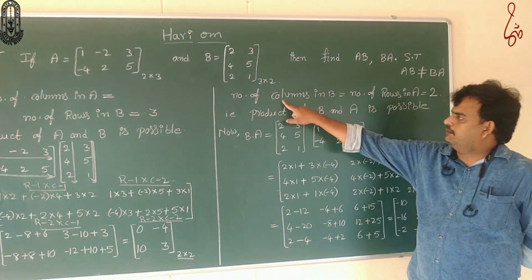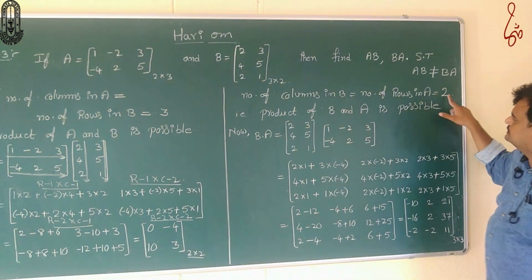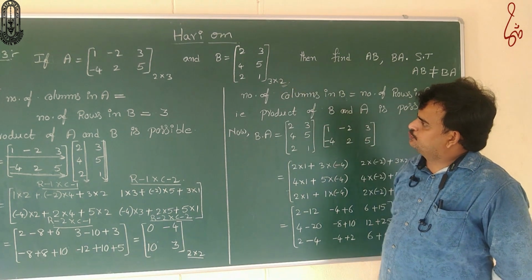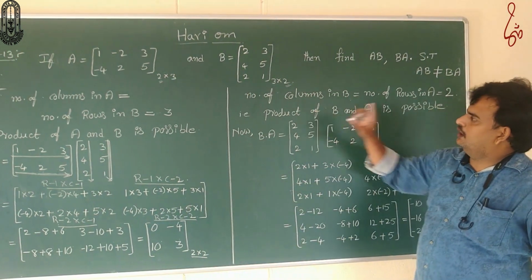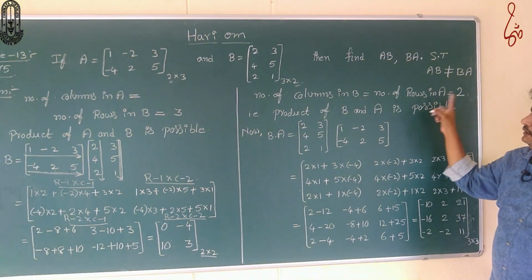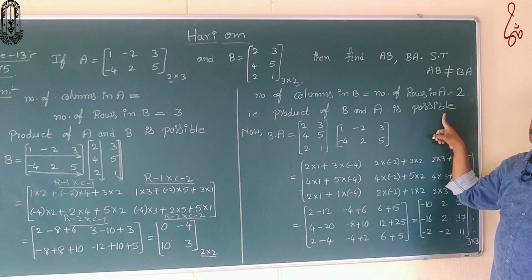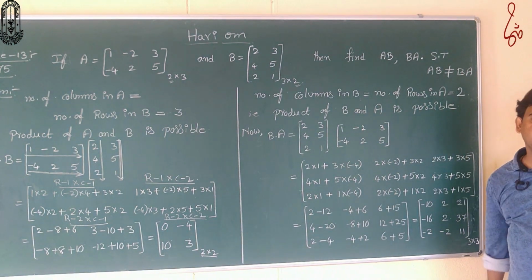Now, number of columns in B and number of rows in A is equal to 2. Here the number of columns 2 and number of rows 2, both are equal, so that the product of B and A is possible. Now we are able to multiply both matrices B and A.